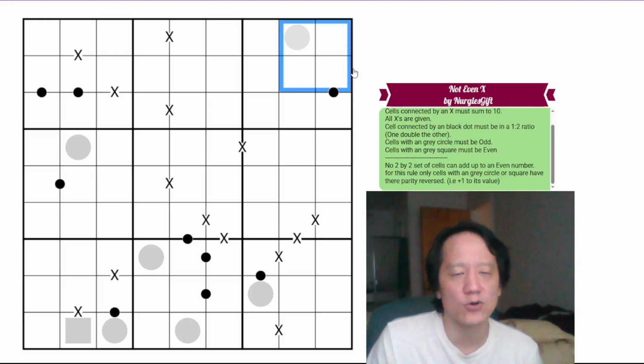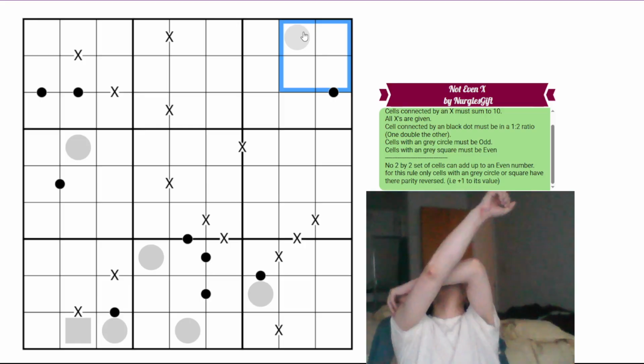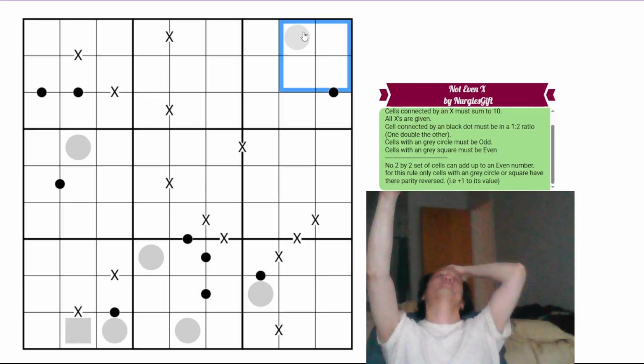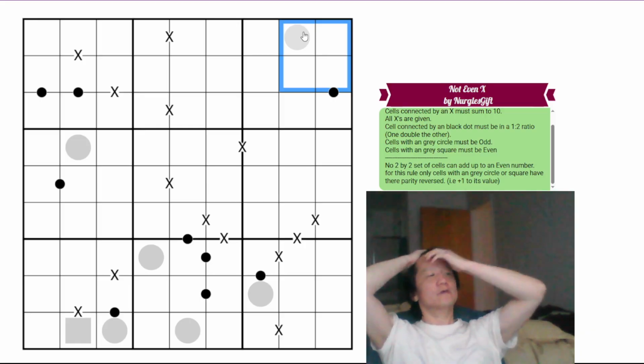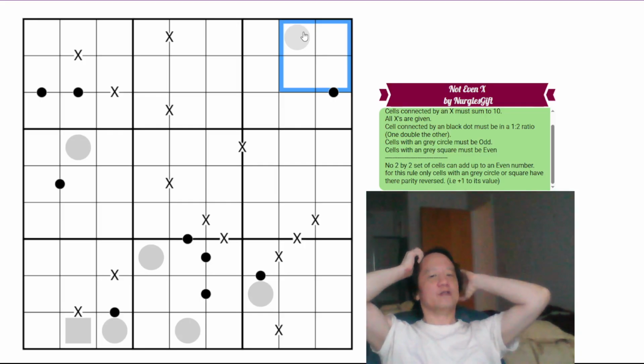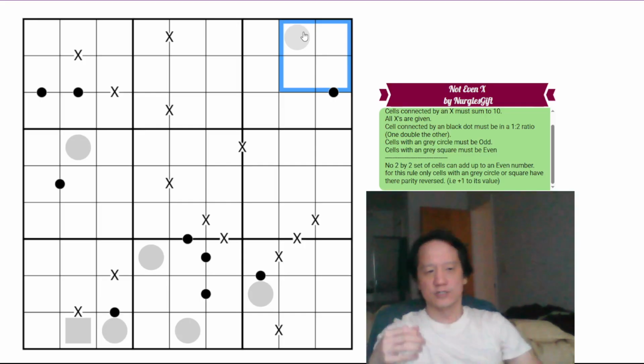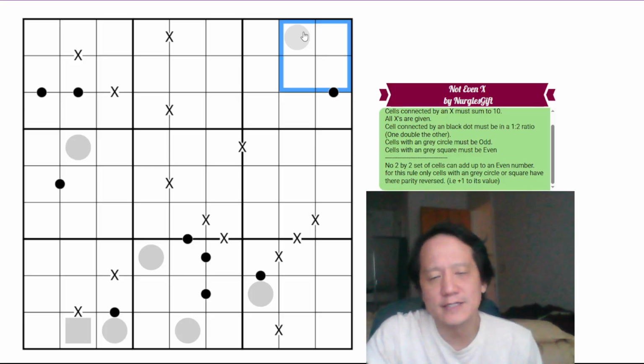an even number of even and odd digits in that 2x2 space. You have to have either one considered odd number, or 3 odd numbers, in every 2x2 space. That's essentially what it means.